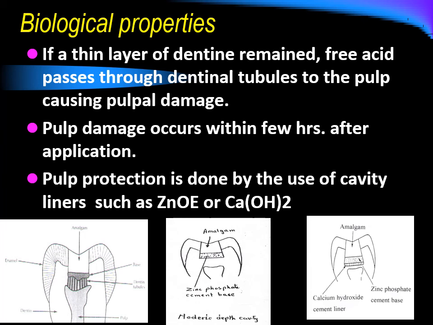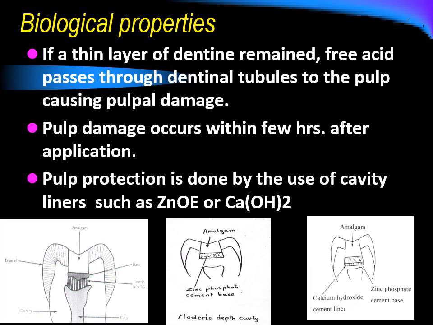And these are 3 types of cavity depths. There is a very deep cavity, where the remaining dentine is less than half a millimeter. We have to put a liner before we put the cement. And this is a very shallow cavity, so we have a very large amount of dentine between the cavity and the dental pulp. So we can use a very thin layer of the cement base or put a liner alone because we have enough dentine.